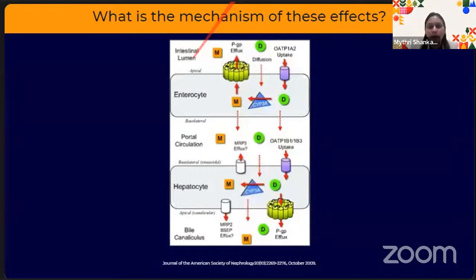Subsequently, the metabolite is either actively counter-transported via P-glycoprotein back across the apical membrane into the gut lumen, or it will be fecally extruded.